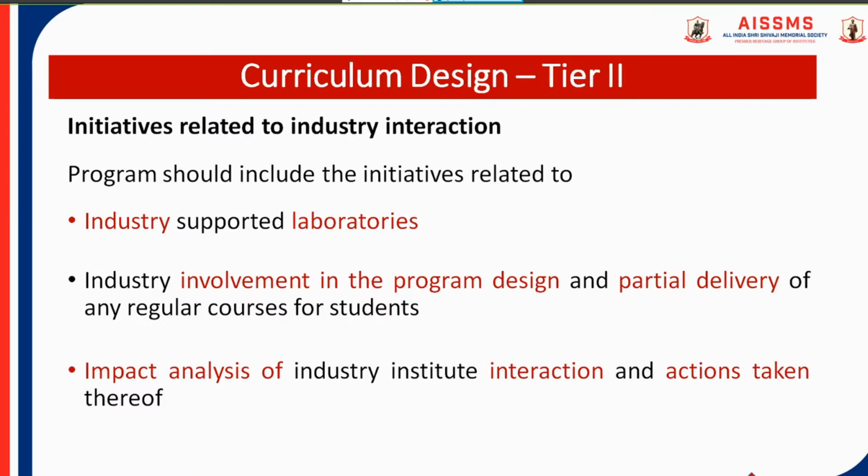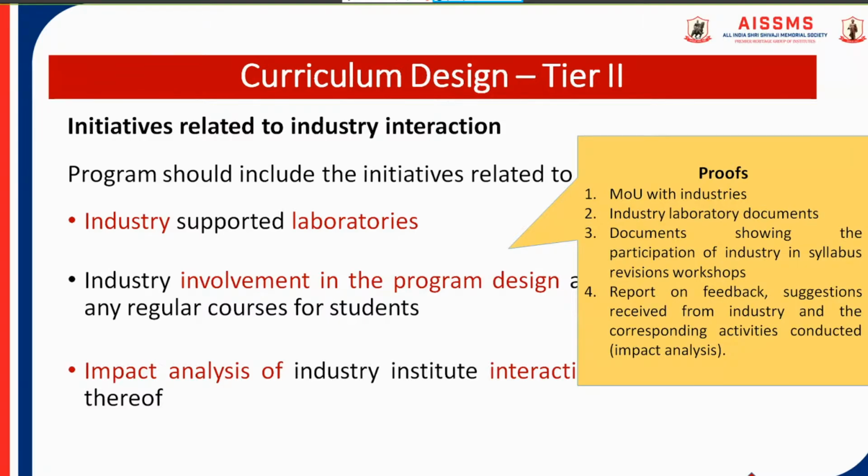The proofs which we can keep are MOUs with the industry, industry laboratories, if you are having something supported by the industry, then documents for participation, revision of workshops, reports on feedback received from industry, and the corresponding activities conducted.